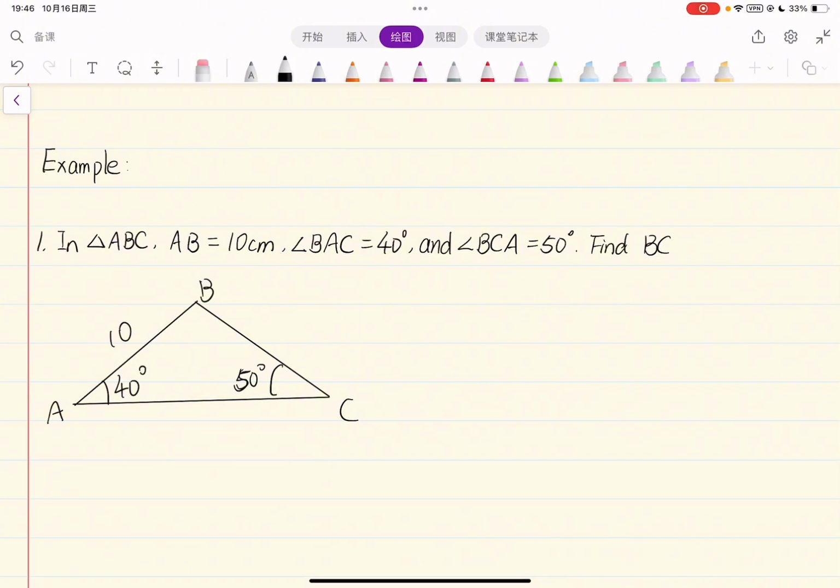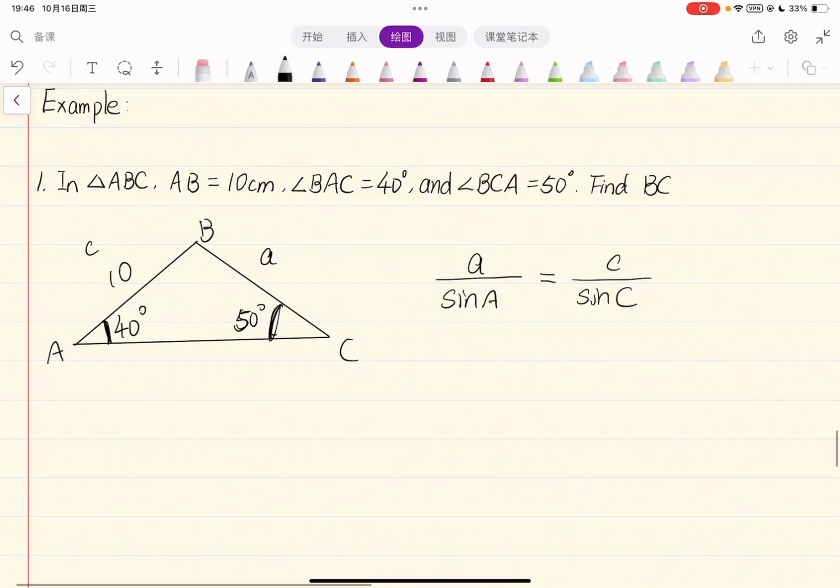So we write BC is the length a, here is the angle A, and here is angle C. The length BA is the length c, smaller c, because it's opposite to the angle C. We have the formula a over sin A equals c over sin C. Here, a is the missing one.